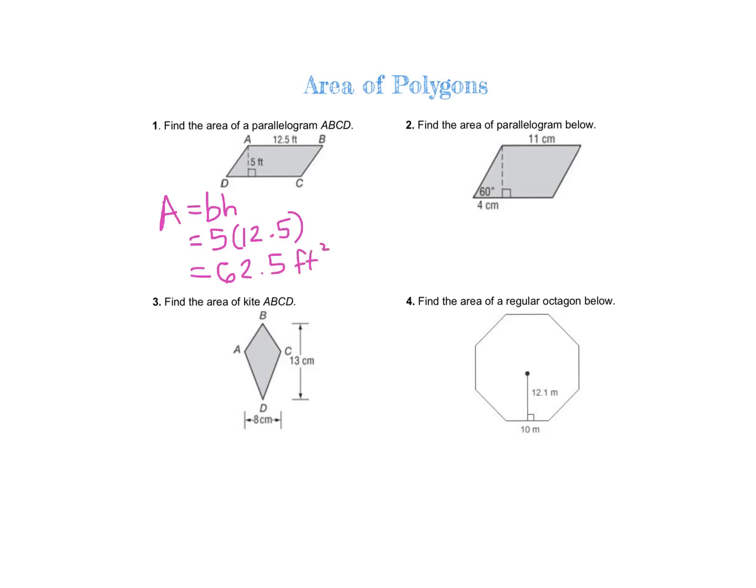The other thing that I want to point out is that the base and the height are always coming from this 90-degree angle. So think about where that 90-degree angle is and what it is perpendicular with.